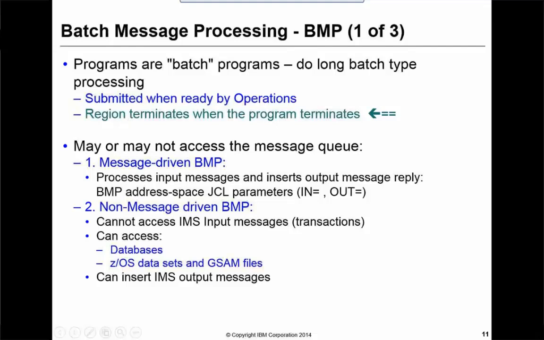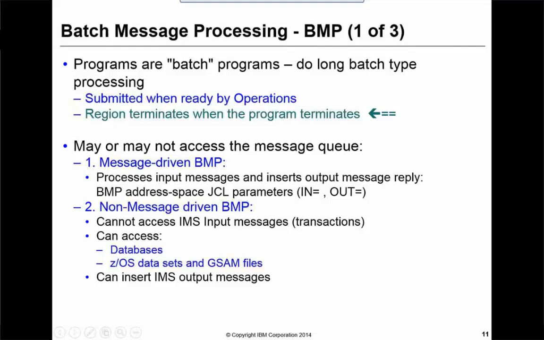BMPs may or may not access the message queue. In other words, they may or may not process transactions. There are two types of BMPs. There's what's known as a message-driven BMP, where they'll process input messages or transactions and insert outbound replies to the message queue pool, and you would specify in the JCL via the IN= parameter which types of transactions it's going to process. And then the other type of BMP is what's known as a non-message-driven BMP.